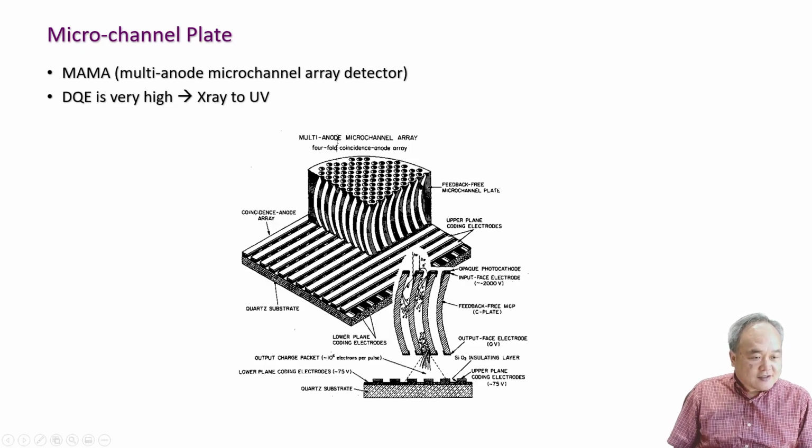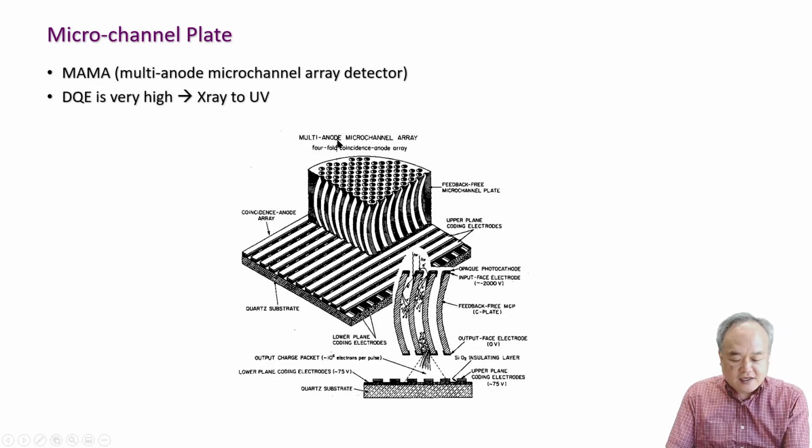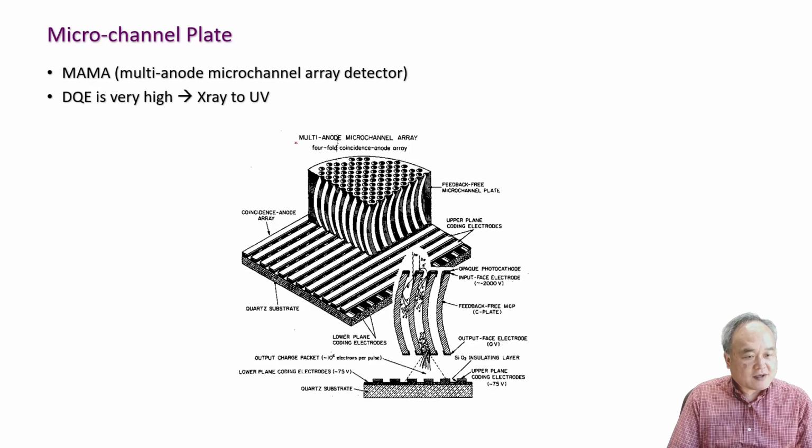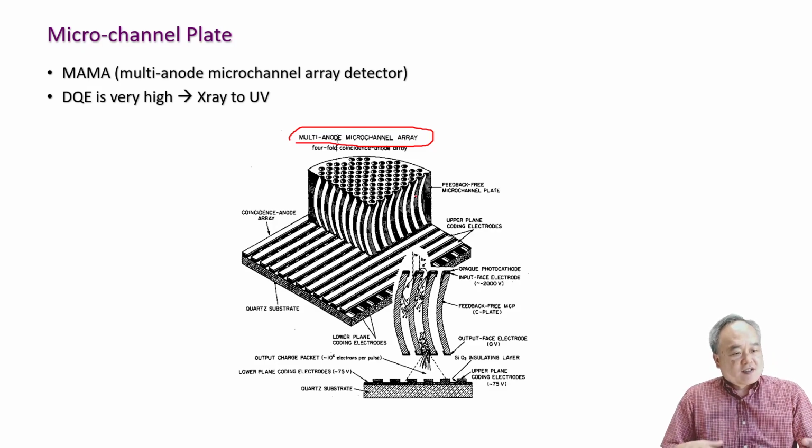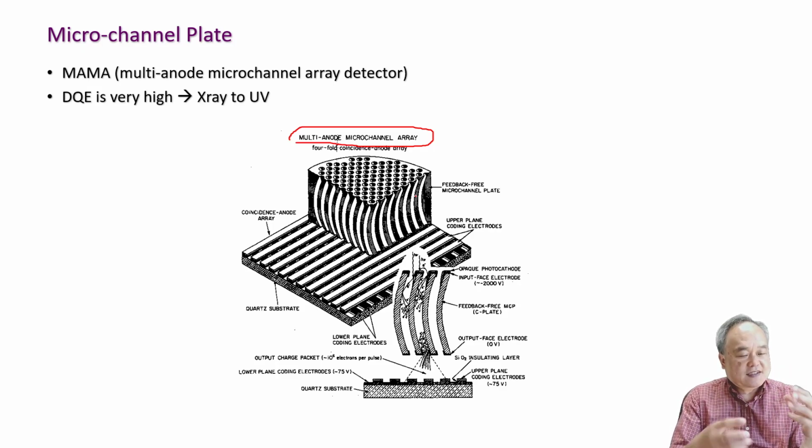Using the microchannel array, this is actually the anode, the microchannel array. It is called MAMA. The reason this microchannel array is needed is that CCDs have metal oxide photosensitive layers that are only sensitive to optical visible wavelength light.